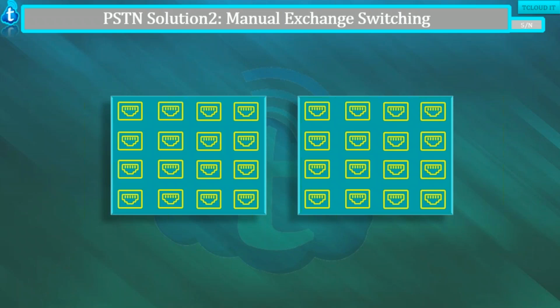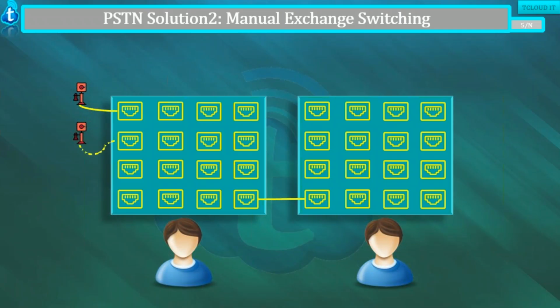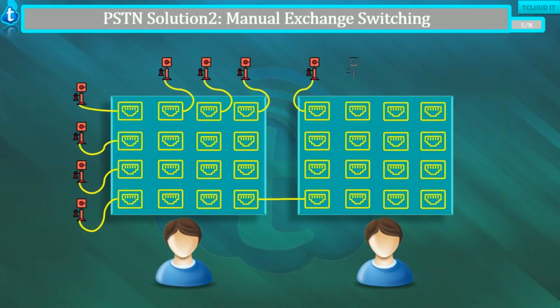Some users will get connected to the first exchange, some users would get connected to the second exchange, and of course we connect these exchanges as well with the ports. So there would be two operators instead of one, with some human beings on one exchange and some on another.